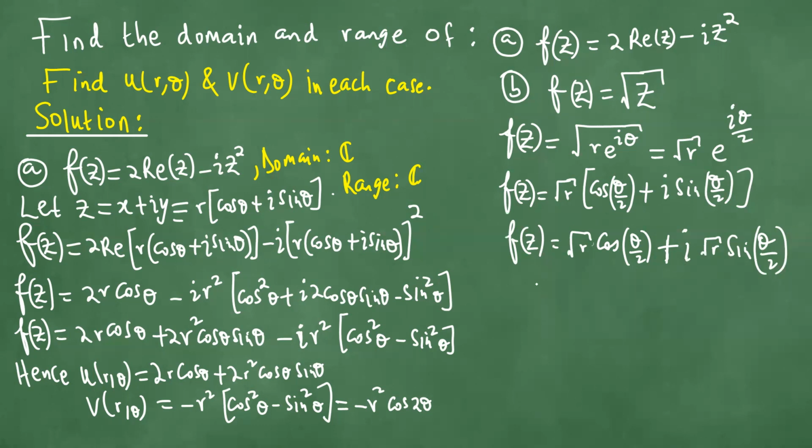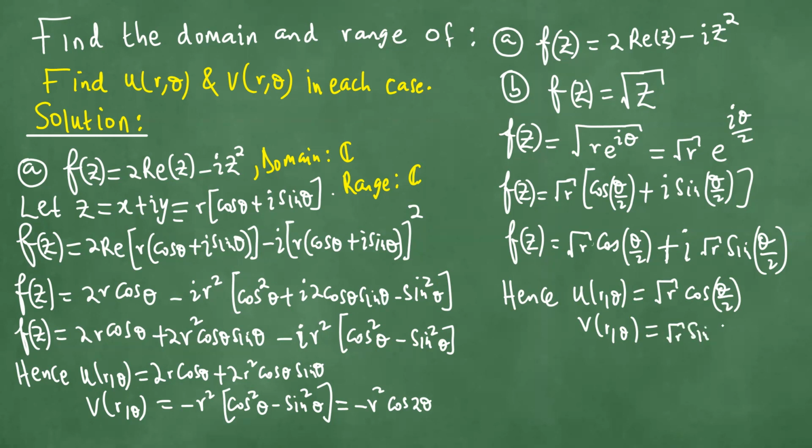So u is the square root of r cosine of theta over 2, and v is the square root of r sine of theta over 2.